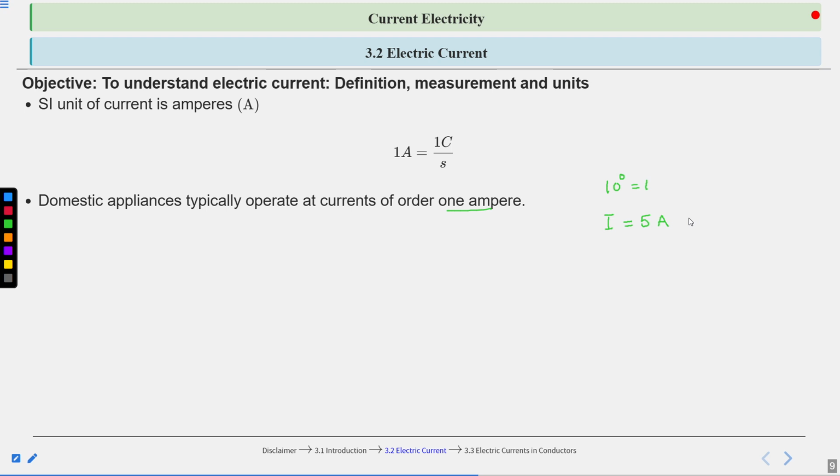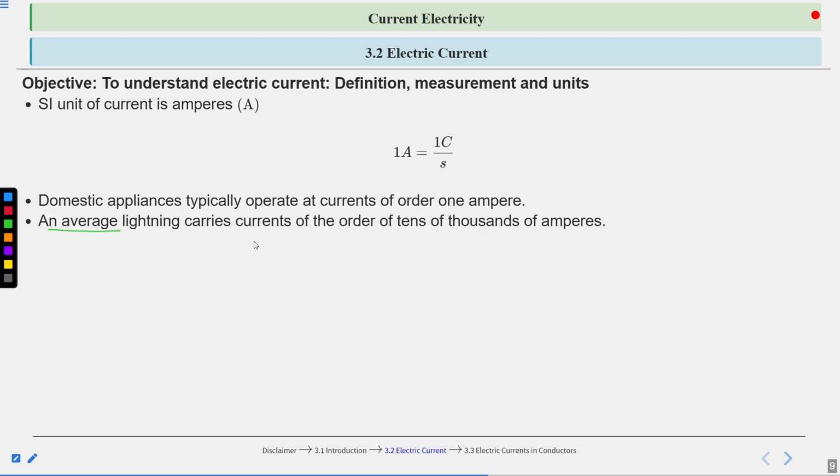So it is of the order of 5 into 10 raised to the power 0 ampere, which means of the order of 1 ampere. So domestic appliances generally operate at a current of the order of 1 ampere.